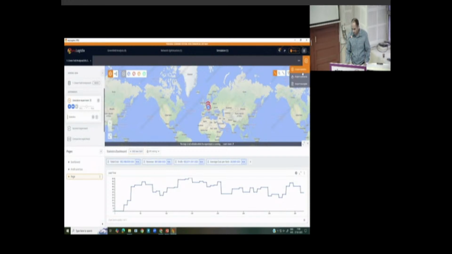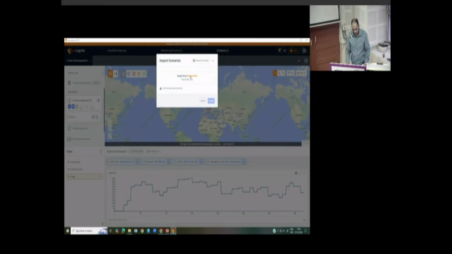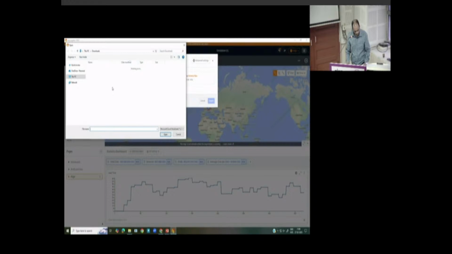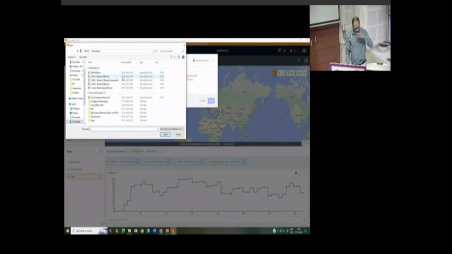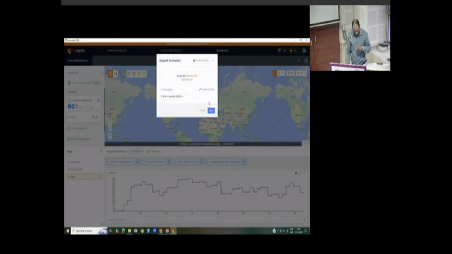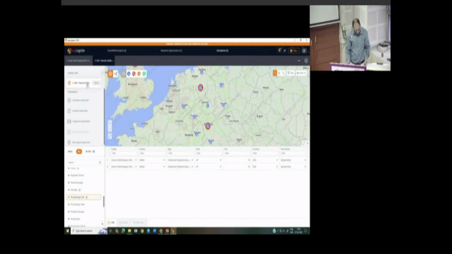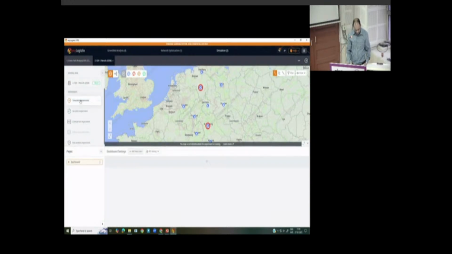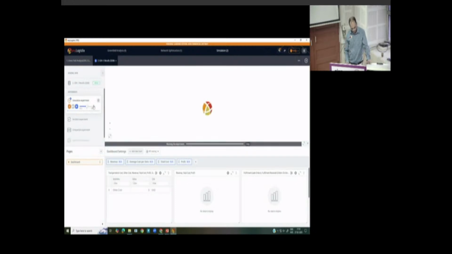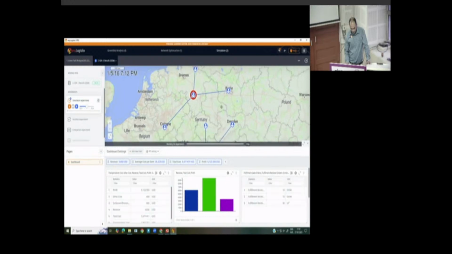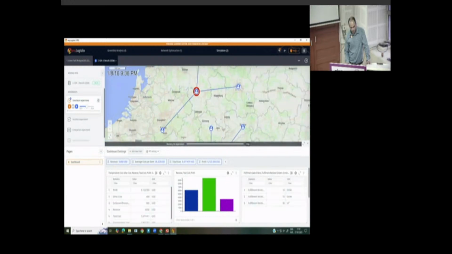Okay, let me open the input scenarios. You can see if you observe this one, you can see small products are moving.